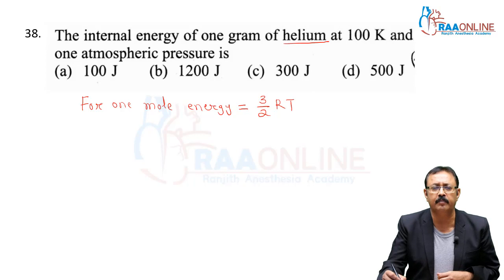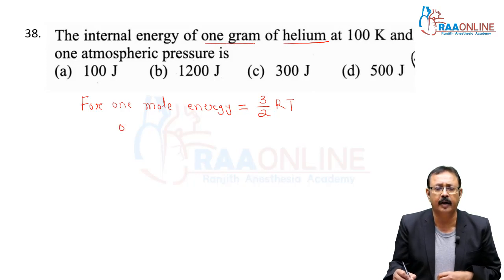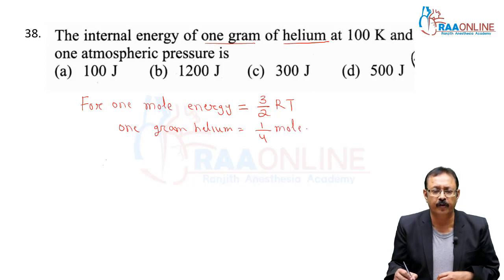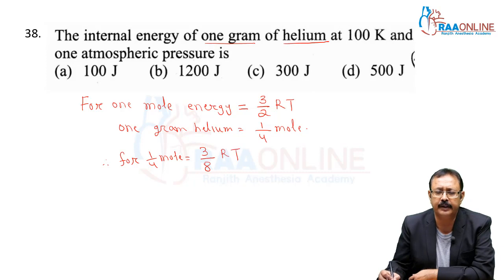But we have 1 gram. How many moles are there in 1 gram? 1 gram helium means 1/4 mole, since the molecular weight is 4. So for 1/4 mole, it should be 3 by 8 RT.